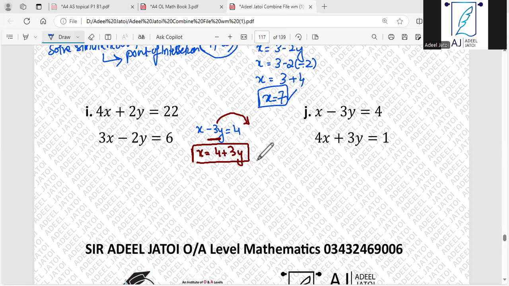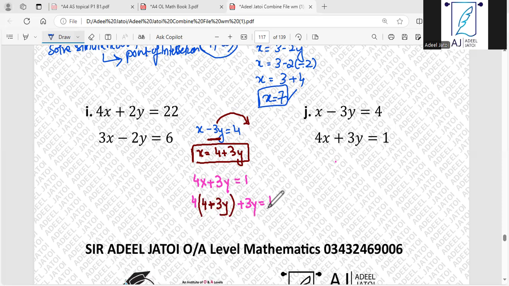The second equation is 4x plus 3y equal to 1. So we write down 4, and in place of x, we write down 4 plus 3y, and the remaining is the same, plus 3y equal to 1, right?